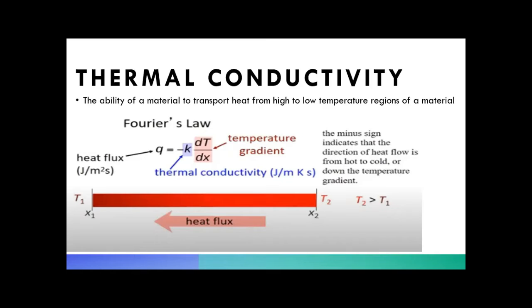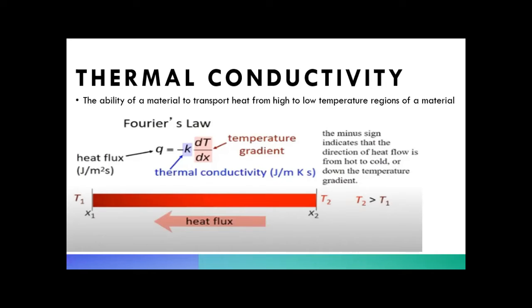So q here is the heat flux, the heat flow per unit time per unit area, where the area is taken perpendicular to the flow direction. K is the thermal conductivity and dT over dx is the temperature gradient through the conducting medium.